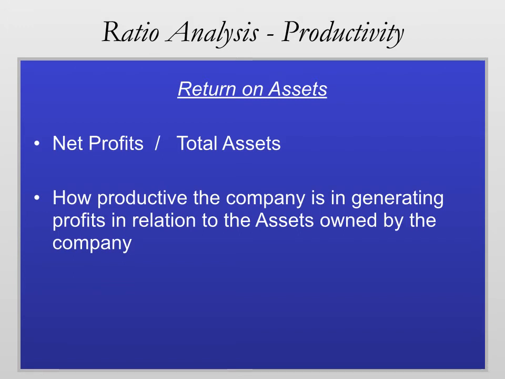The calculation comes out as a percentage, and it will tell you for every dollar of assets the company owns, how effectively they are generating income from it. It's one of the more meaningful ratios that you can calculate to compare company to company, or companies historically. As long as you have an income statement and a balance sheet, it's a pretty easy number to get at.